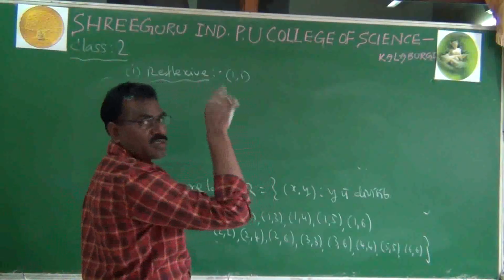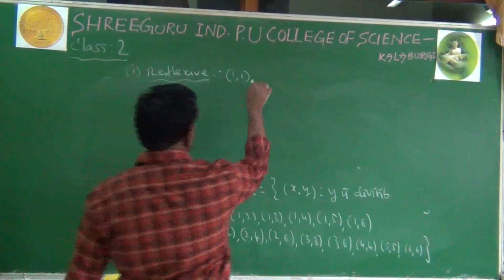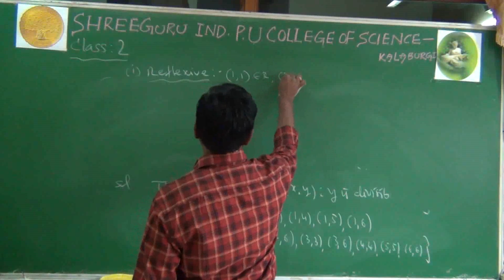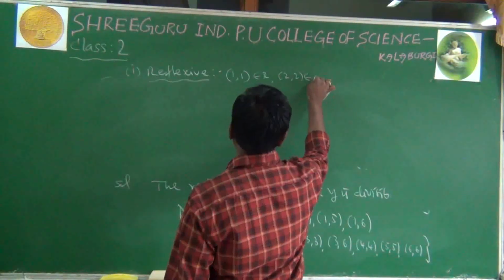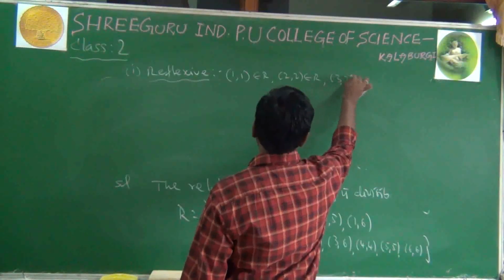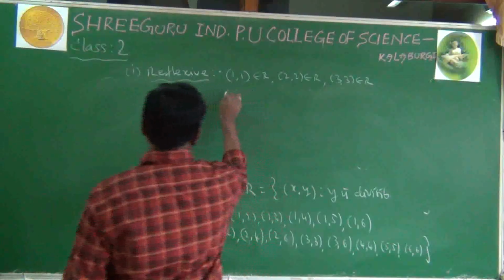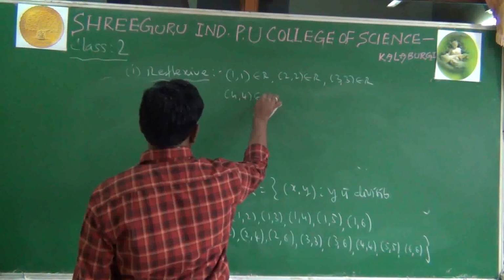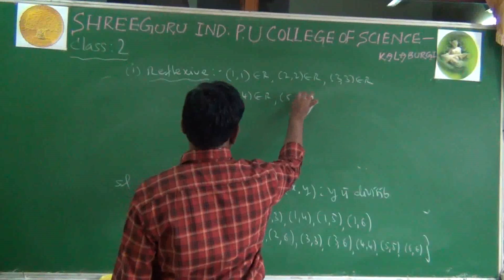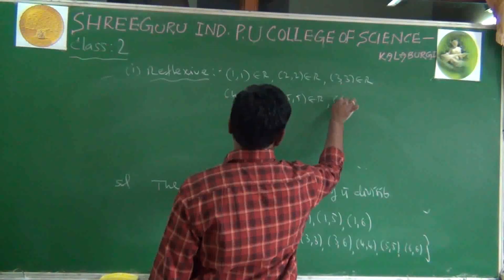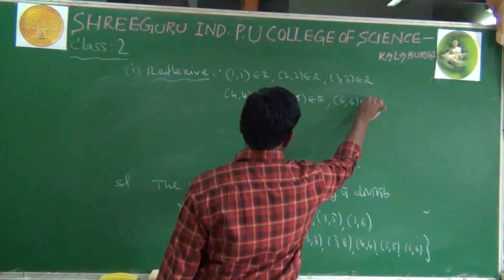Easy method: (1, 1) belongs to R, (2, 2) belongs to R, (3, 3) belongs to R, (4, 4) belongs to R, (5, 5) belongs to R, (6, 6) belongs to R.